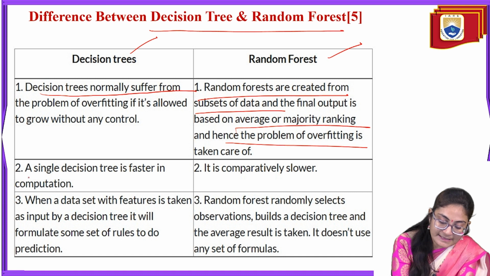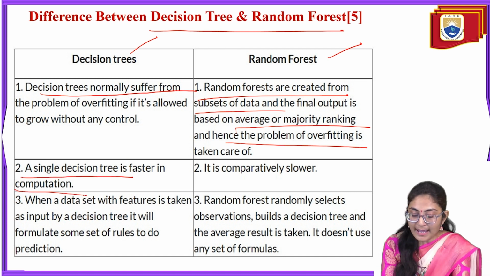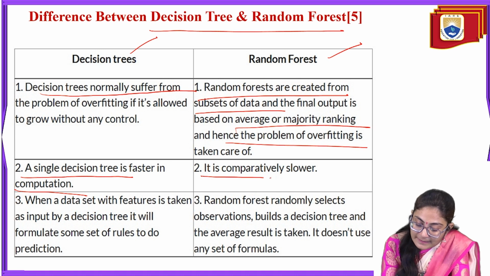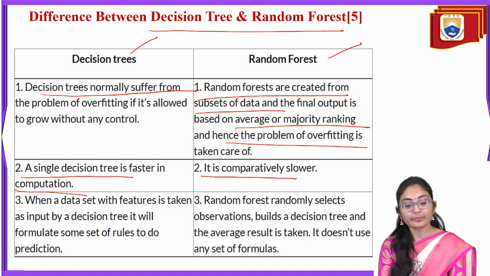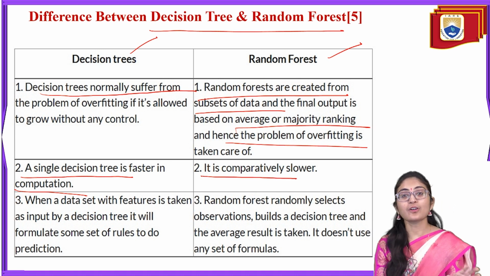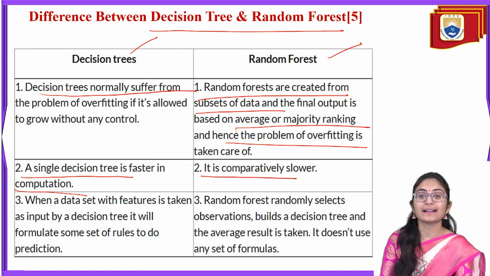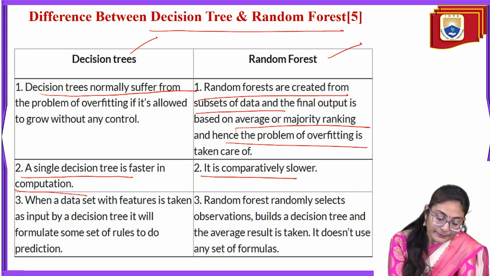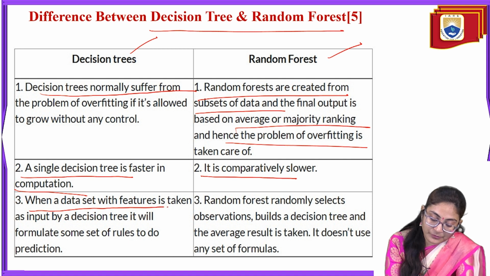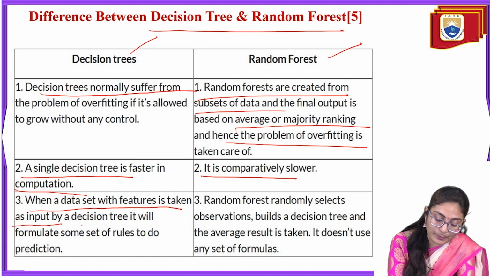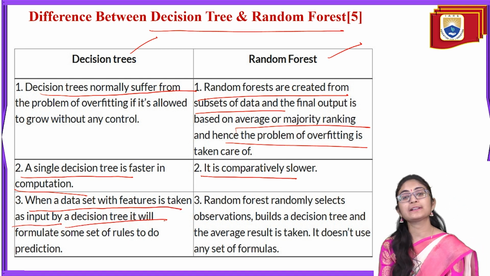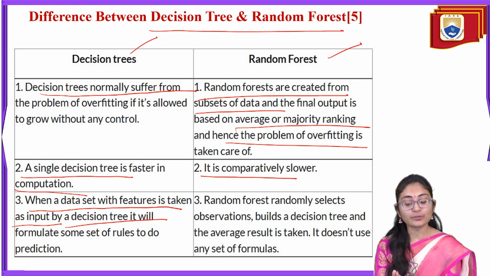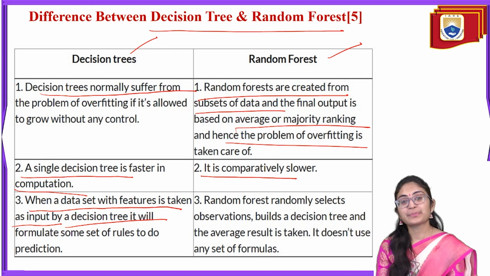Then, a single decision tree is faster in computation, and random forest is comparatively slow. A decision tree is always faster as compared to the random forest. When the dataset with features is taken as input by the decision tree, it will formulate a set of rules to do prediction.